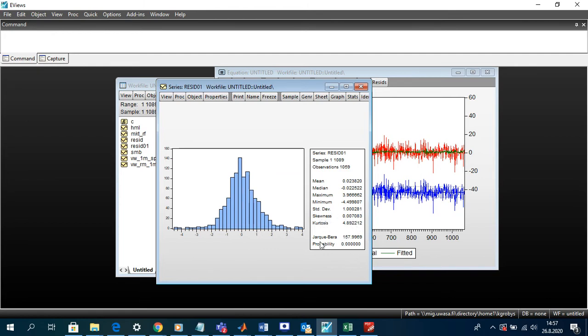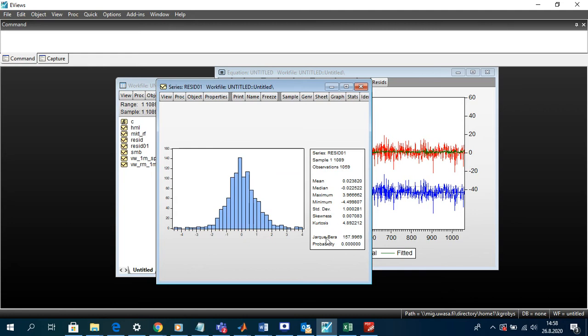Whenever the test statistic is large, or we can also read it from the p-value, when the p-value is below 0.05, it would tell us that the distribution is not normal. Under the null hypothesis, we assume that it's normally distributed, and the normal distribution has skewness of 0 and kurtosis of 3.